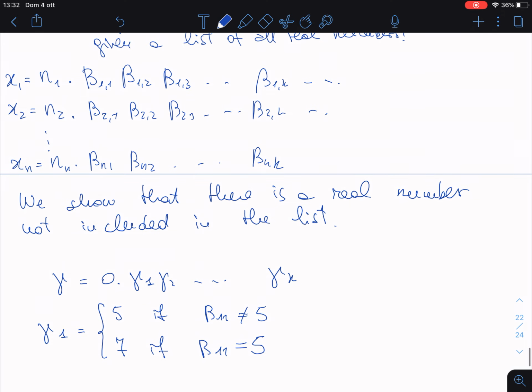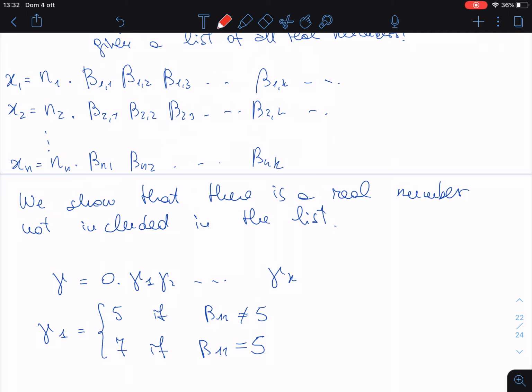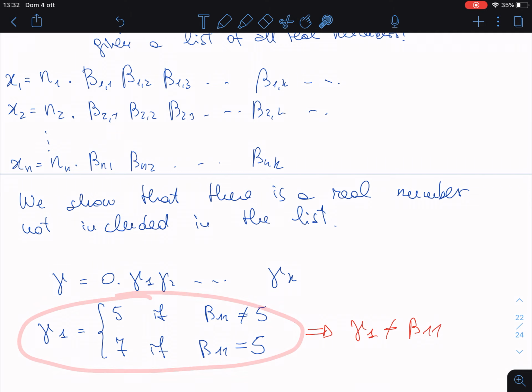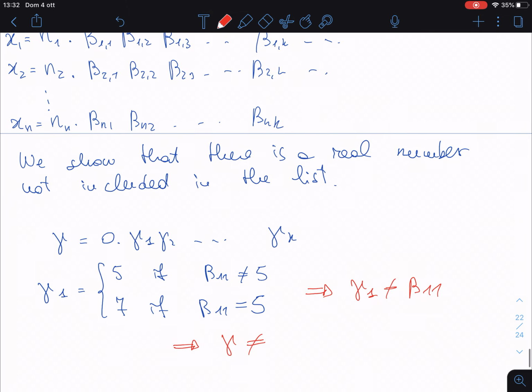So what happens here is that gamma 1 is different from beta 11 because of this prescription. And since gamma and x1 differ in the first digit, of course they have to be different numbers. So you have that gamma is different from x1.